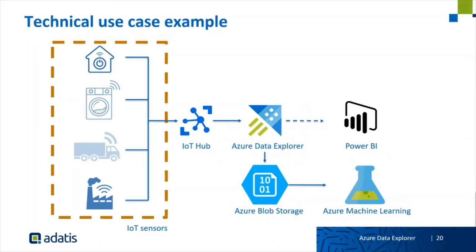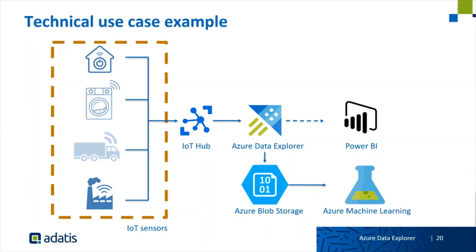Another idea: imagine you have IoT sources, whether those are factory plants, fleets of vehicles, appliances, or homes, and there is an IoT Hub that is getting the data, and that data is then ending up in Azure Data Explorer.